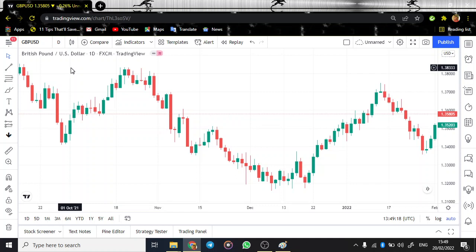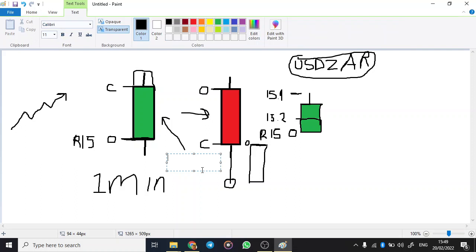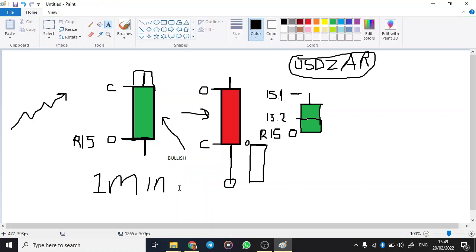The next subject of interest, still on candlesticks. Candlesticks that are green are called bullish candlesticks. If a candlestick is green in color, like this one, then we say it is bullish, from the word bulls, the animal bull.